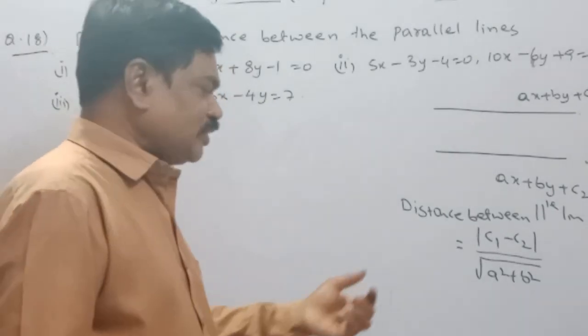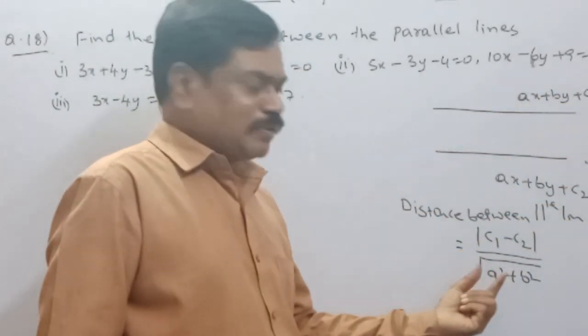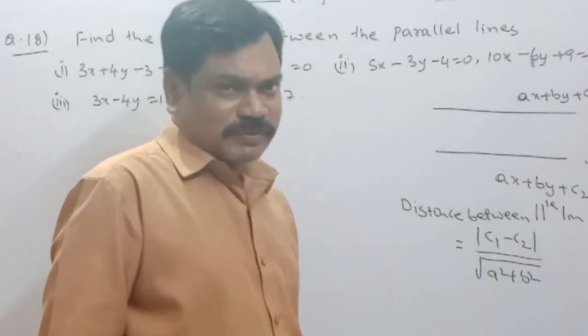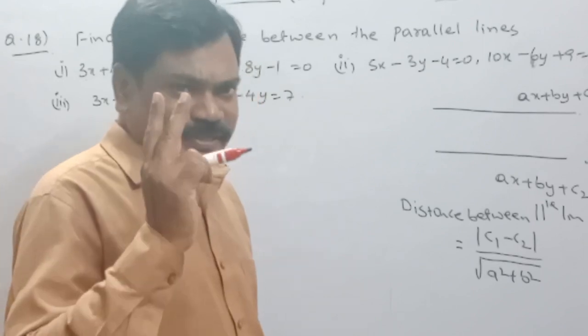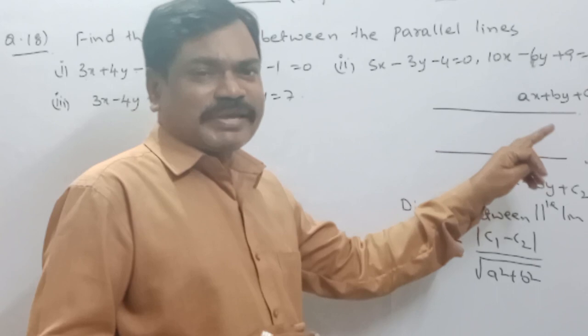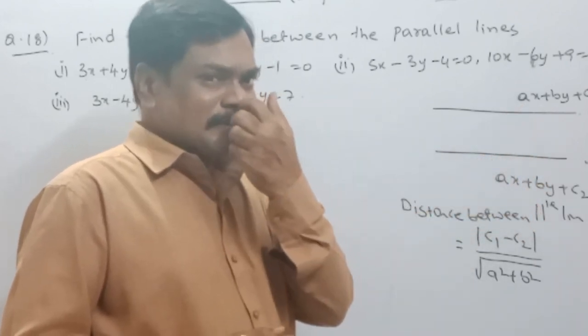That is, the modulus of the difference of the constant terms by the root of x coefficient squared plus y coefficient squared. Why? Because if two lines are parallel, their slopes are equal, which means the x coefficients and y coefficients are the same.